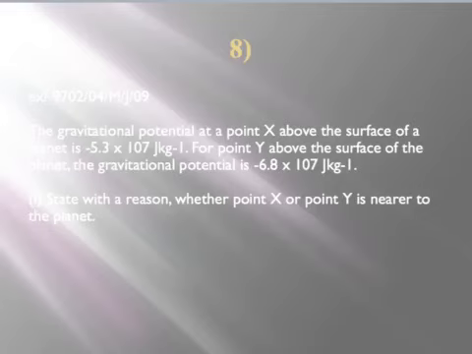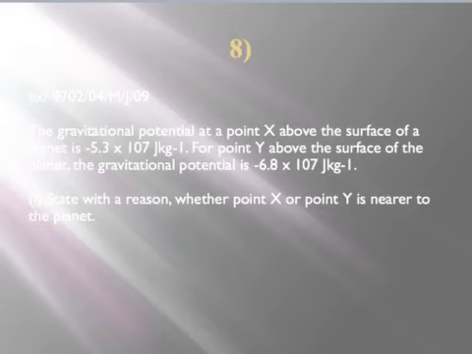Well, by definition, you should know by now, hopefully, that gravitational potential is defined to be 0 at infinity. Therefore, the point which has a potential value closer to 0 must be closer to infinity from the planet, or in other words, higher above the planet. Therefore, since negative 5.3 is closer to 0 than negative 6.8, it must be point x.